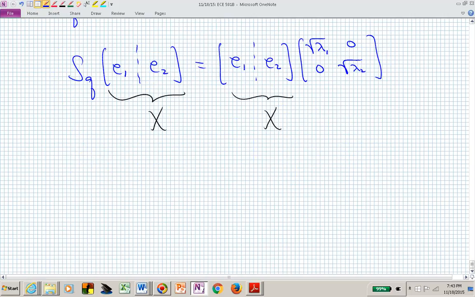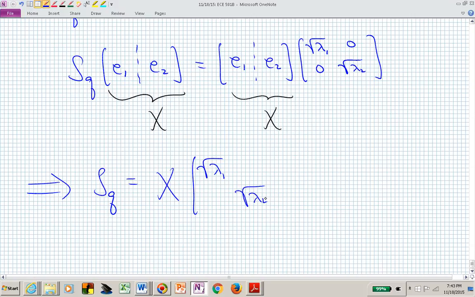We have X, capital X, and we have the square roots of these eigenvalues we can compute. Remember that the inverse of X is just its transpose, so S sub Q is now this X times the square root of lambda 1, square root of lambda sub 2 on the diagonal, times X inverse, but this X inverse, remember, because it's orthonormal, is just X transpose.